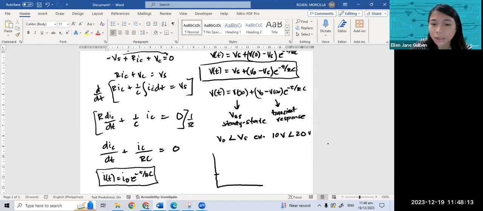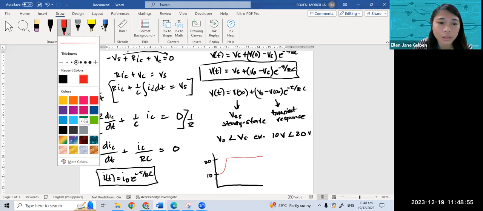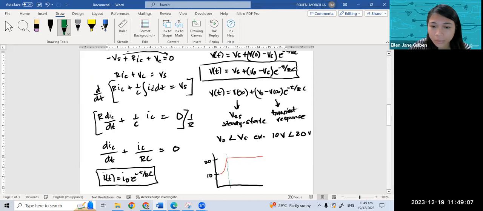We get 10 volts, and then let's draw in red, your VC will increase up to 20 volts, and then continue into a steady state. This one is your transient response.